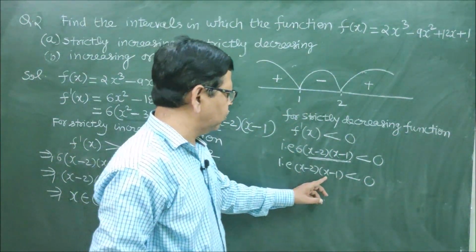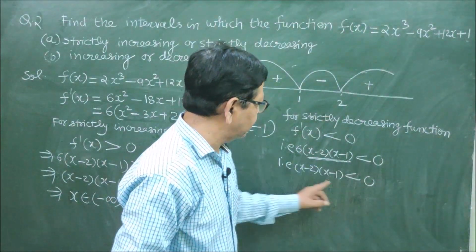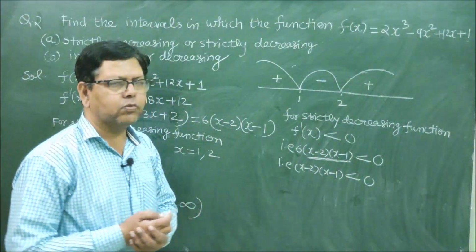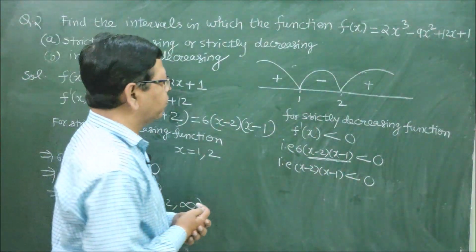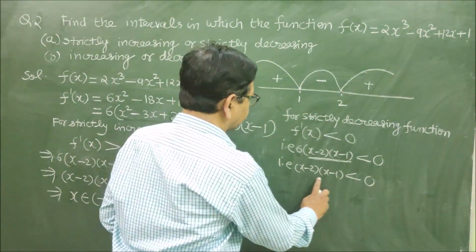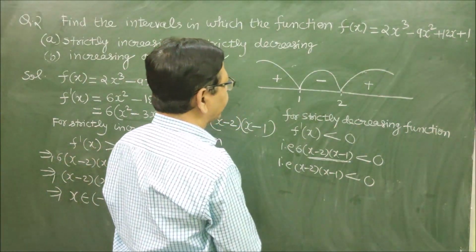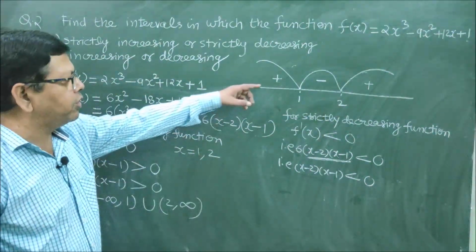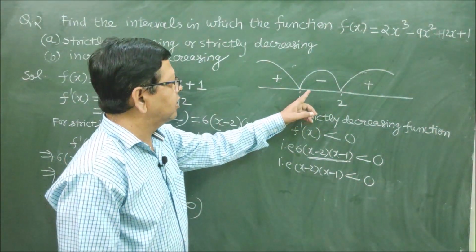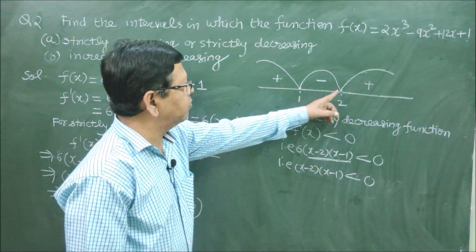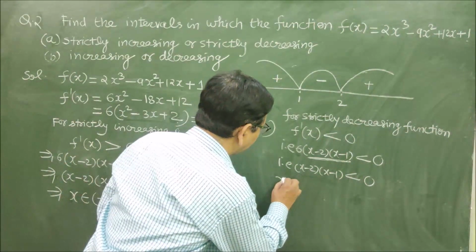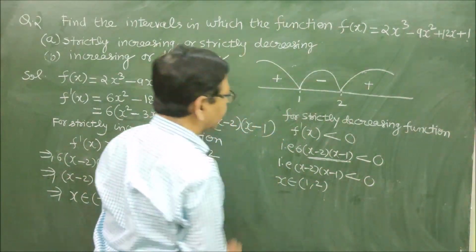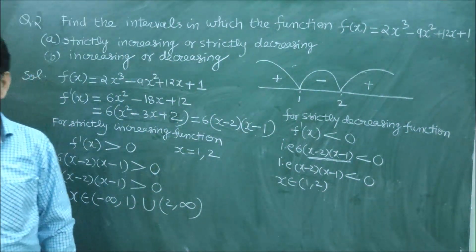Positive into negative means negative. So x minus 2 into x minus 1 should be less than 0. Now this quadratic inequality is negative when the value of x lies between 1 and 2. From the wavy curve, it is clear that it is negative when it lies between 1 and 2. So when x belongs to the interval 1 to 2, the given function is strictly decreasing.